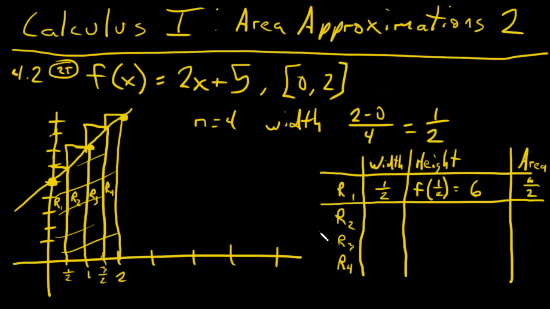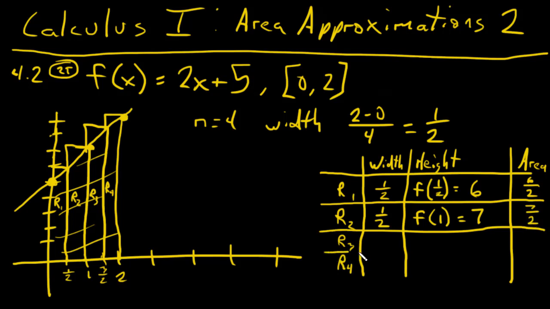And we'll leave it as halves for right now so I can add them all up. So for R2, again, the width is 1/2. And how high up does it go? Well, I feed in x equals 1 to the function. So f of 1 is 2 plus 5, 7, which means that the area is 7/2.